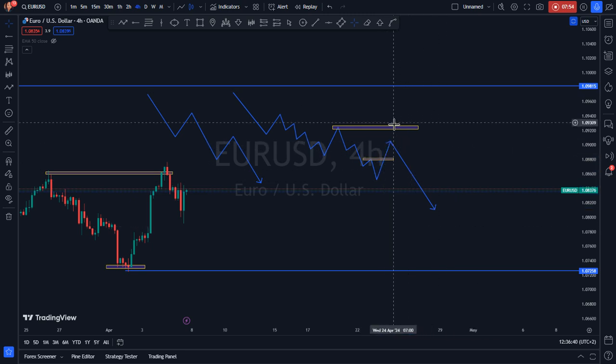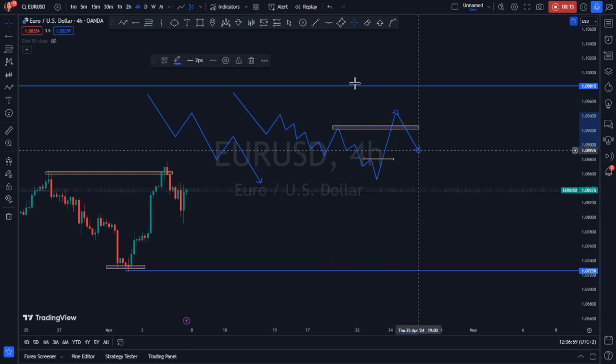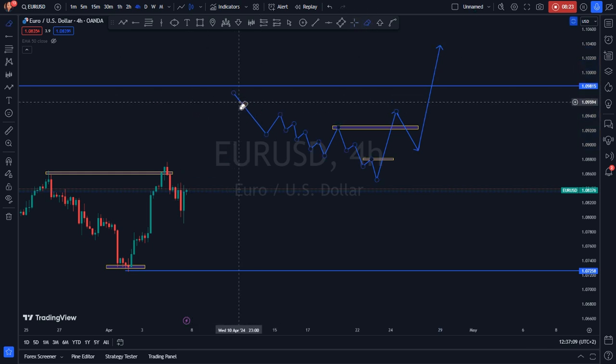But the moment the market goes and breaks above this previous high, which means now the market has broken the strongest part of this lower low, lower high, lower low, lower high, lower low, therefore after breaking this, that's when we're going to be considering that the market is definitely going up. It's definitely going to be going up. So that is very, very important. You should understand the difference there.